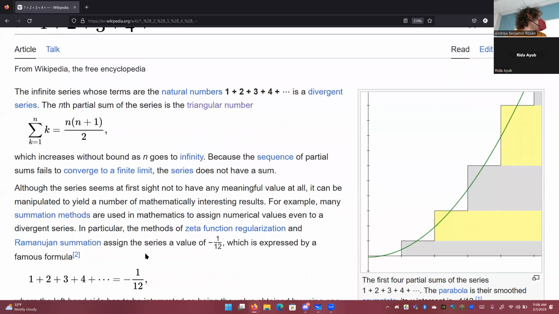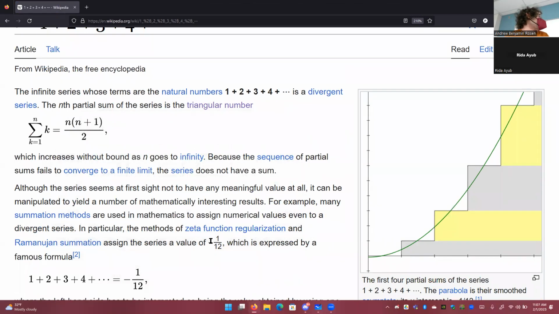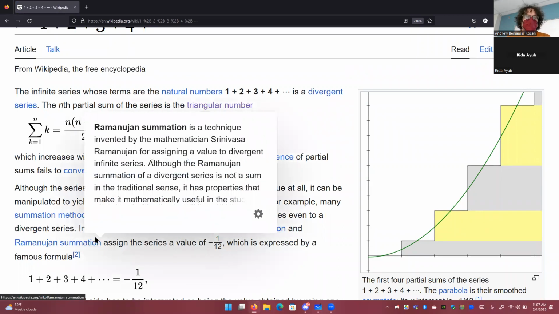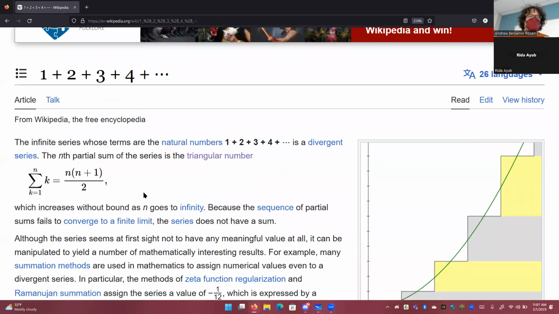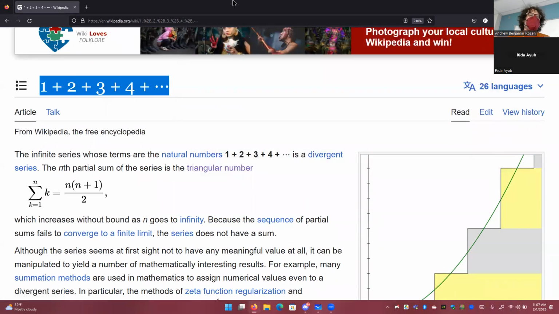Actually, that's kind of a lie. In very, very specific situations, it is equivalent to negative 1/12. No joke, but also totally weird math. If you want to look that up, it's a deep dive that math YouTube argued about a number of years ago.